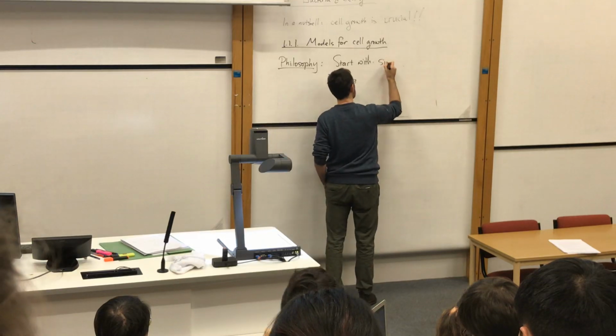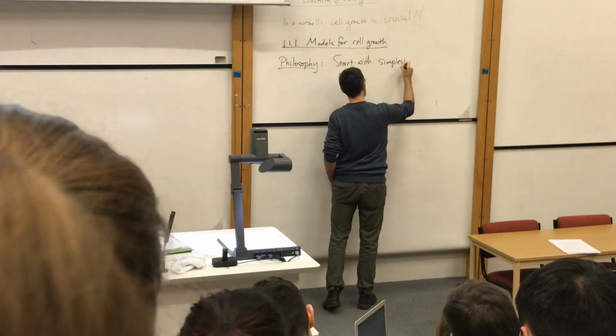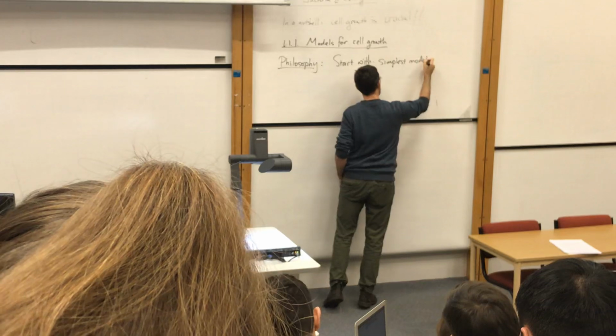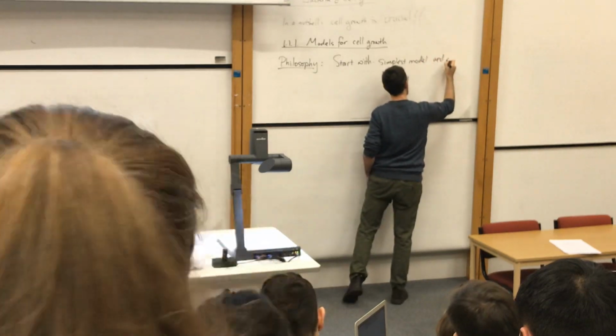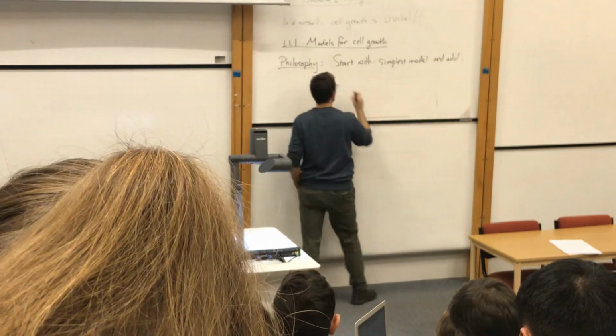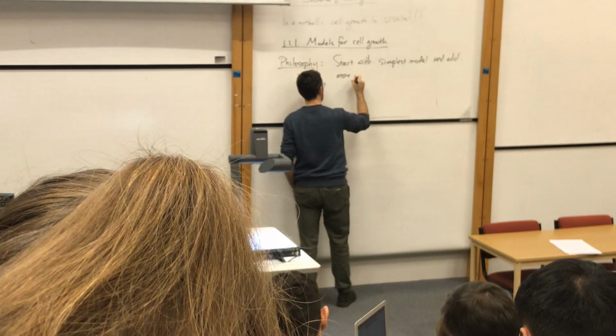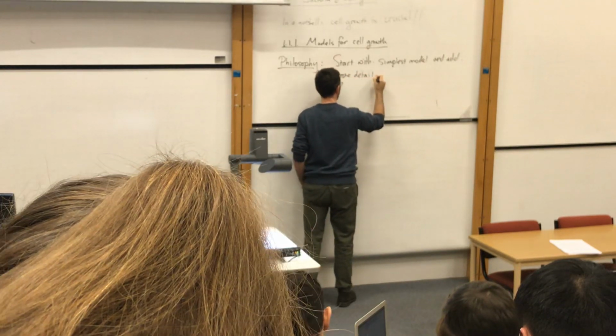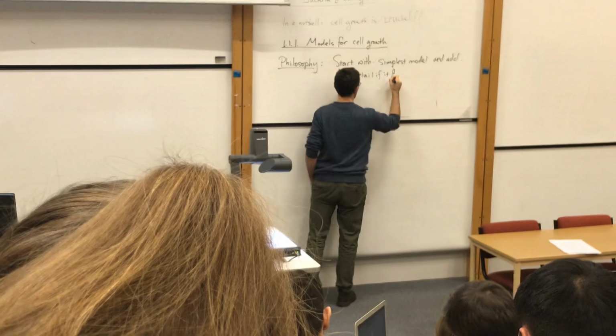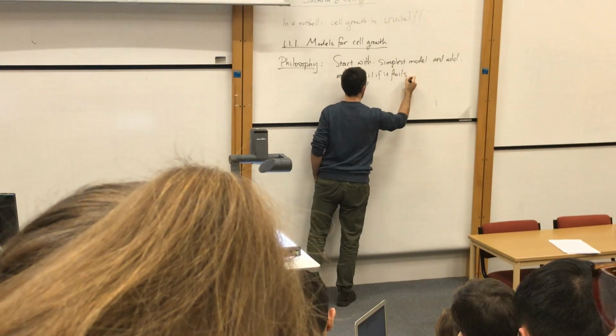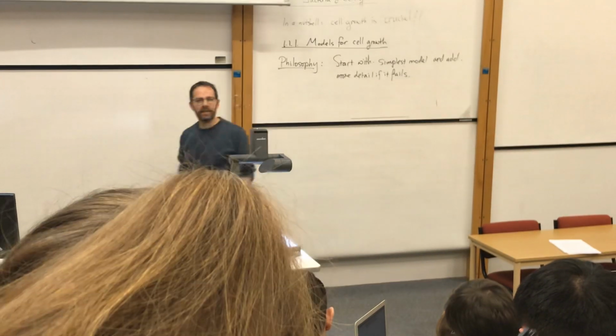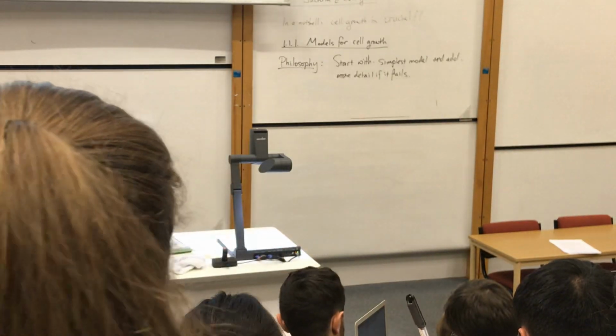We start with the simplest model and add more detail if it fails. The reason for this is, of course, if you've got a simple model, you can probably analyse it.